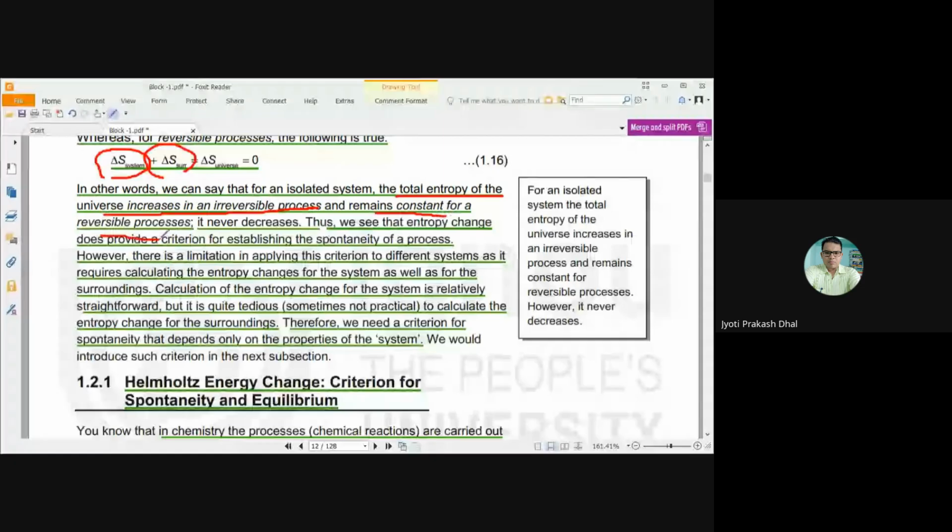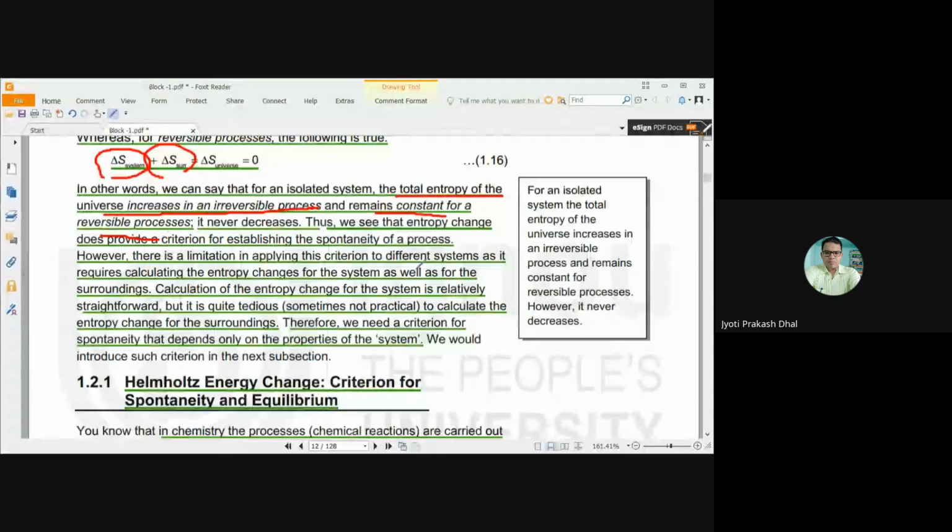So for a reversible process, delta S total equals zero, meaning there is no change in entropy. But for an irreversible process, delta S universe is greater than zero, and hence the total entropy of the universe increases in an irreversible process.